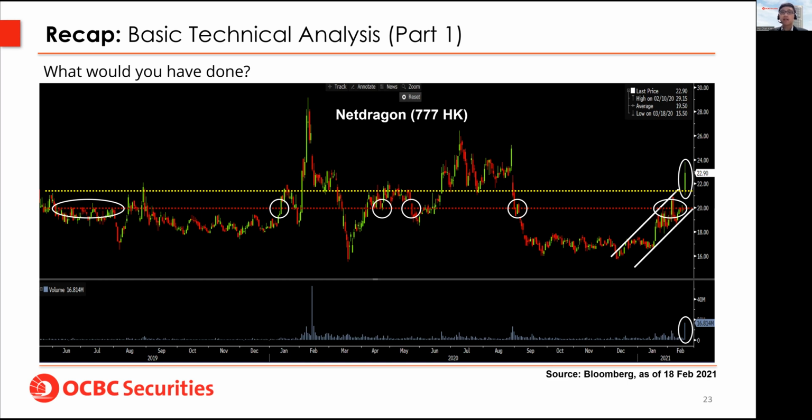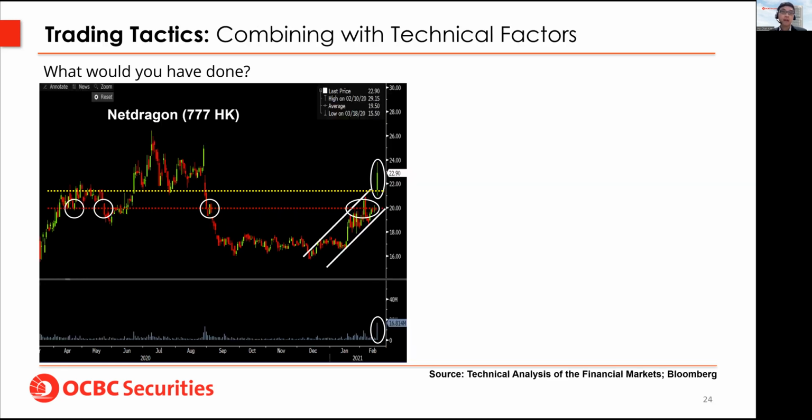So with all this technical analysis put together, how do you then translate that into an actual trade? Combining everything with the technical factors, when it comes to trading tactics, there are various tactics. One tactic is trading on the breakout. So maybe at the red line when it was consolidating, you have your analysis and you decide that, okay, it might break out.